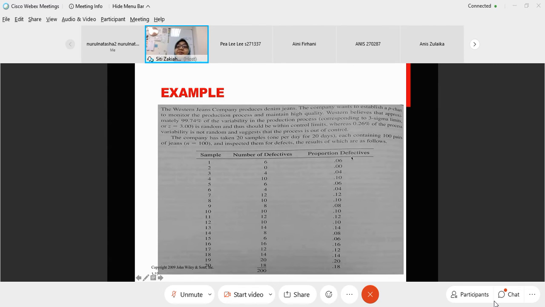So the proportion defective, because they want you to develop a P chart. If they mention percentage, even if they don't say it, you know it's a P chart. So you have to find the proportion defective. The proportion defective is like this, you get 0.06. Sometimes they don't give it, they just give you these two numbers. How do you find the proportion defective? Anybody? How do you get 0.06?